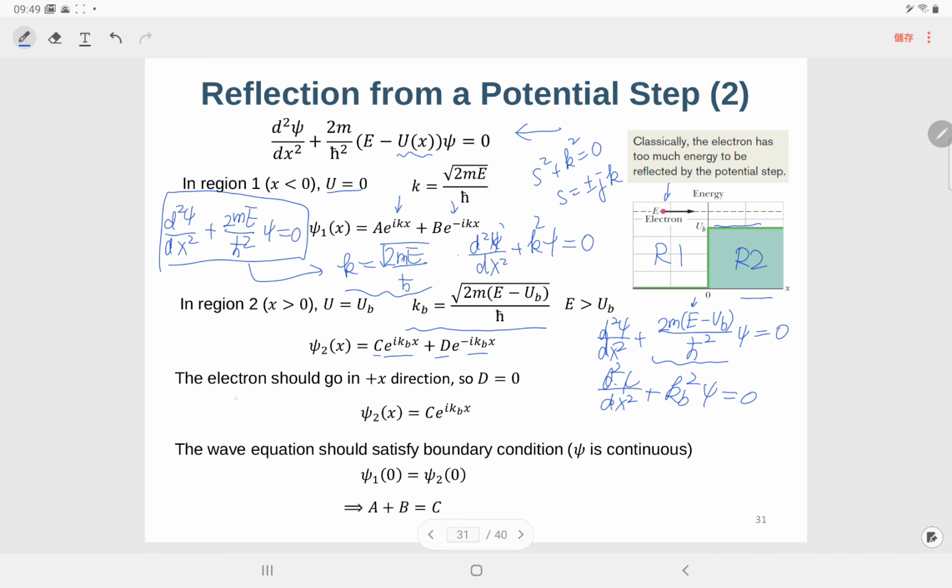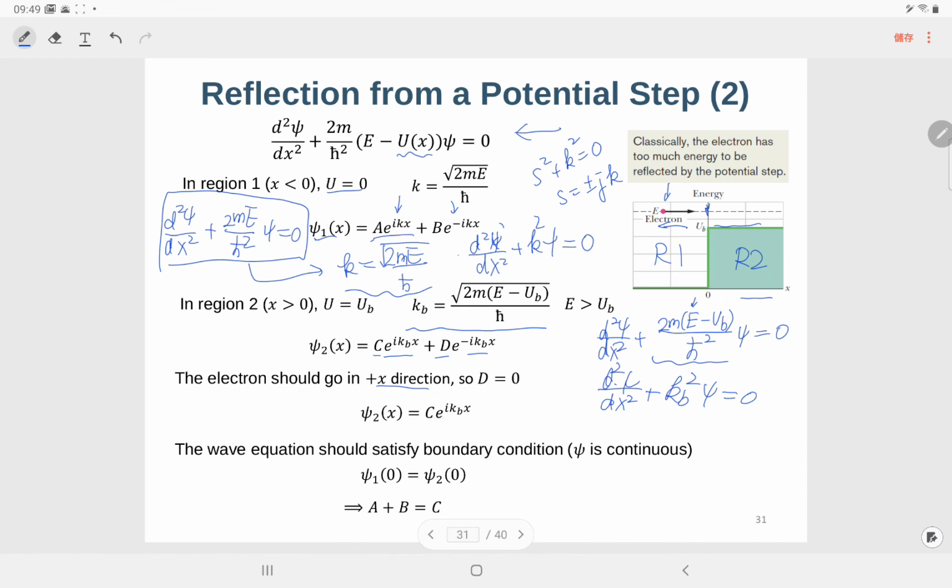Now assume that the electron will go in the x direction. For region 1, the electron will go from here to here, and maybe it will reflect, so it may go back.